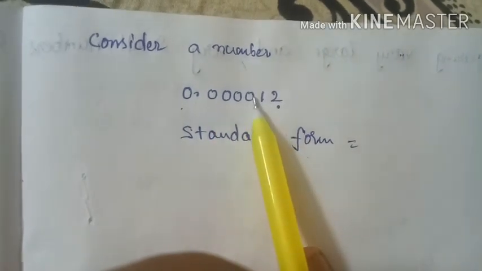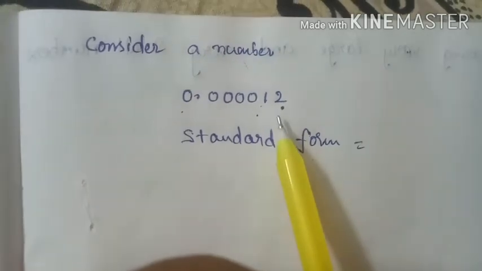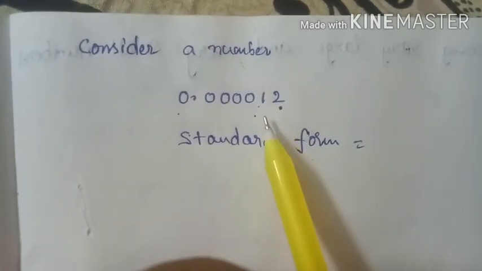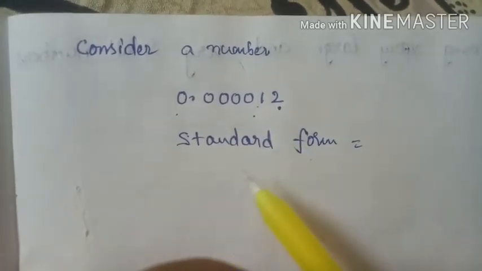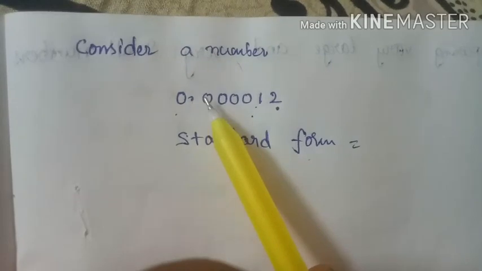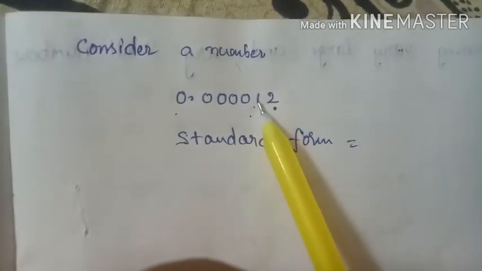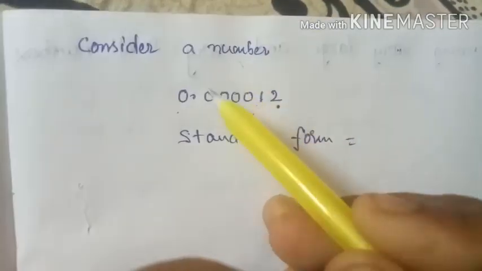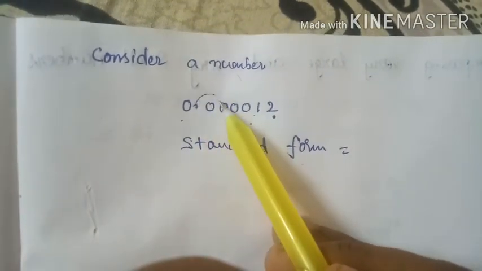So these are all zeros, but what is the standard form? Actually, that is a decimal number, and that number lies between 1 and 10. So here after the decimal having 0, 0, 0, 0, but here we have the 1. So we have to move from left to right after the decimal.